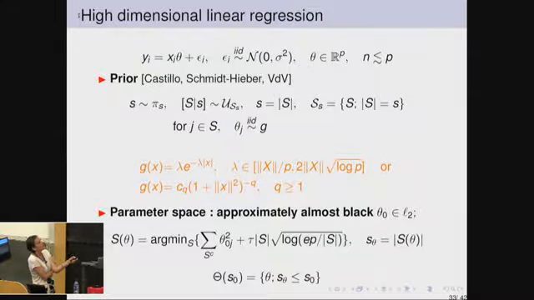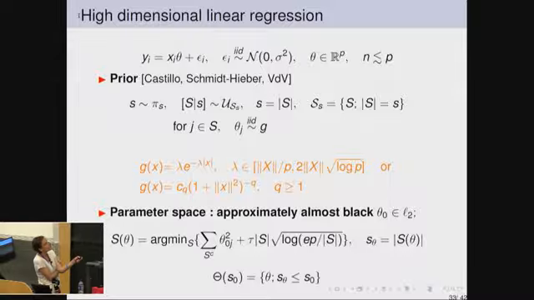Now, there was a really nice series of papers by Ismael Castillo and Aad van der Vaart, and then Ismael Castillo and Johannes Schmidt-Hieber and Aad van der Vaart on these kinds of models, and they consider a Laplace slab. So the g that they put on the coefficients is like a Laplace prior. And we extended the story with a fat tails prior, like anything that behaves like that. But the story is still the same.